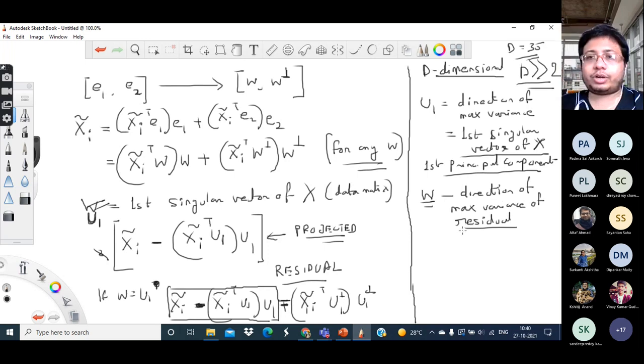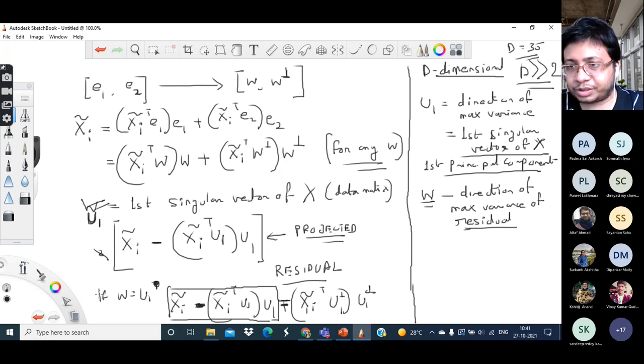As I have already said, first there was the data which I called xi tilde. From that data, I am removing a part which is going in the direction of u1. After removal I am still left with this amount of data, the residual. I am now interested in projecting the residual data along the direction for which its variance is going to be the maximum.